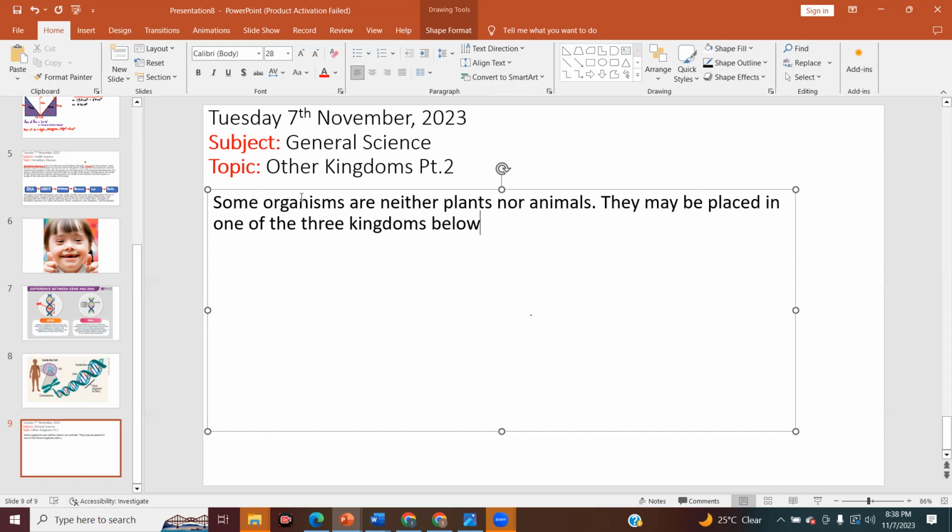The first one is, like we said, bacteria from last week, which consists of microscopic organisms. And then the second one is the Protist kingdom.